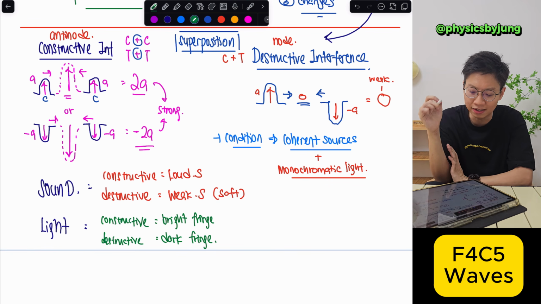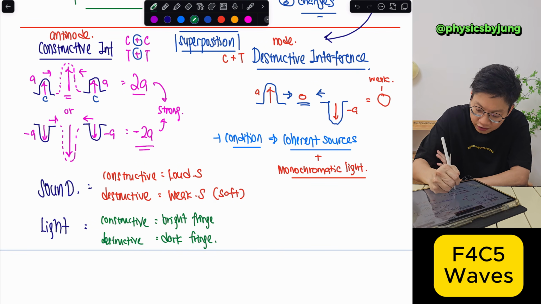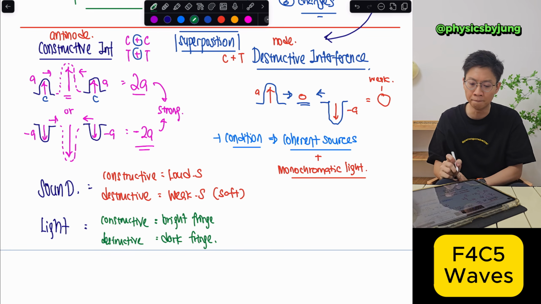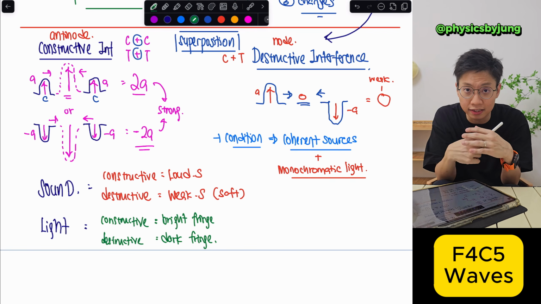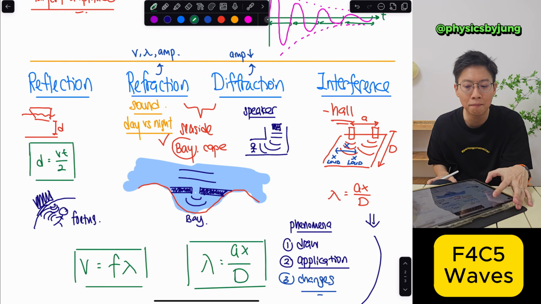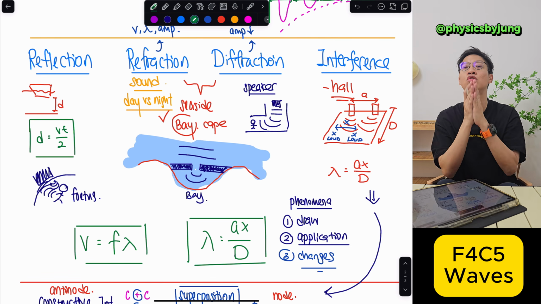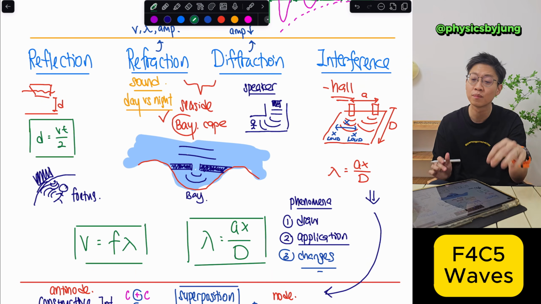Last but not least, constructive and destructive interference are known as antinode and node respectively. There are many essay questions that you need to practice, so the link is in the description below.